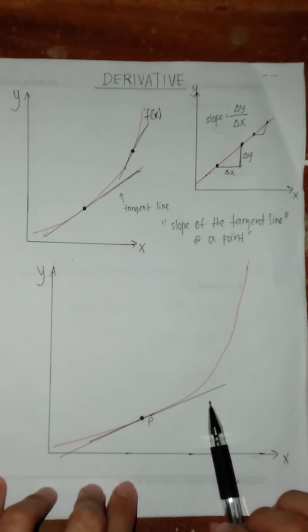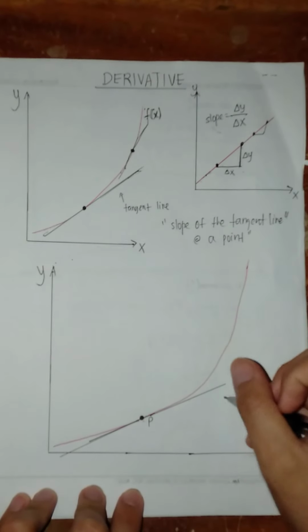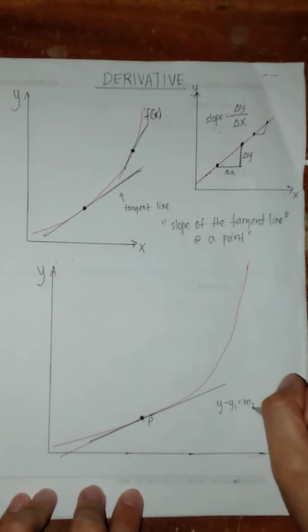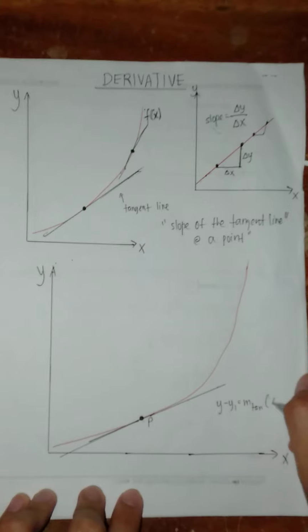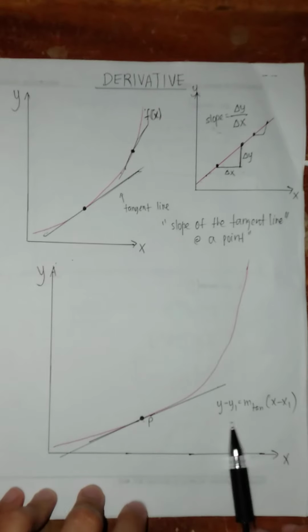Tanong, what is the formula for a line? Di ba? O line equation. So, y minus y1 is equals to slope of the tangent line times x minus x1. Ito ngayon, what is the problem by using this formula ng line equation?